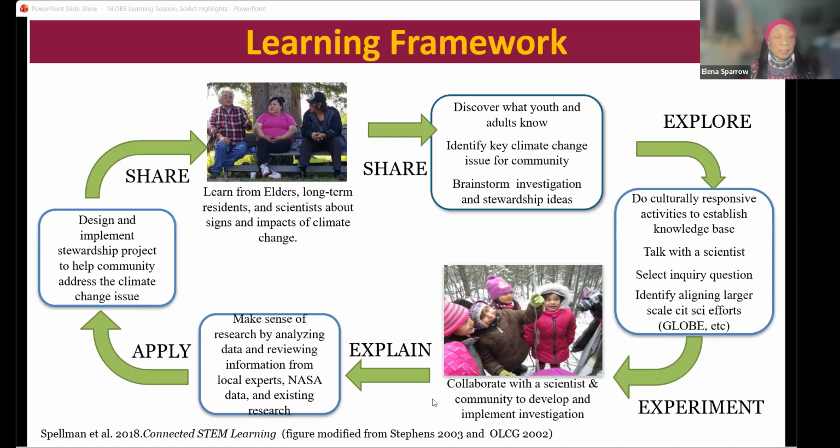Then they explain and make sense of their data and apply it, and also turn it into a stewardship project, which they share not only with each other, but with their community, like the tribal council within the school, and beyond their communities.